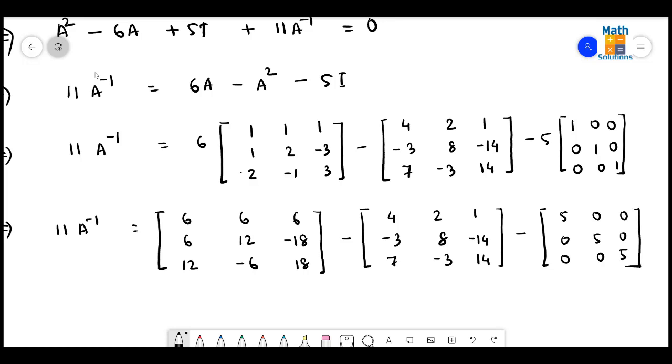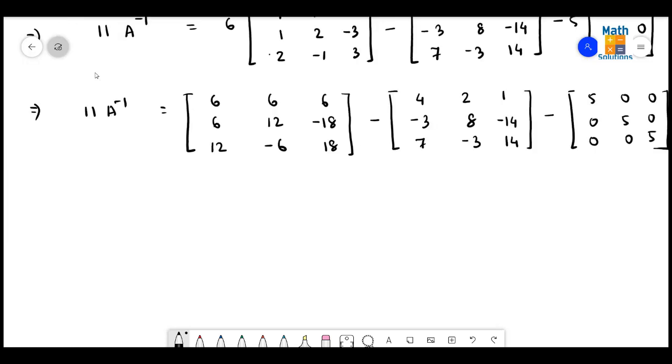On complete simplification, what result do we obtain here? We get 11 A inverse is equal to, then 6 minus 4, this result will come as 2, minus 3. Then after 6 minus 2, it is 4, so this will become 4. Then 6 minus 1, it will become 5.